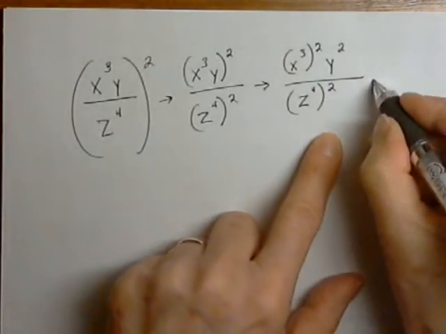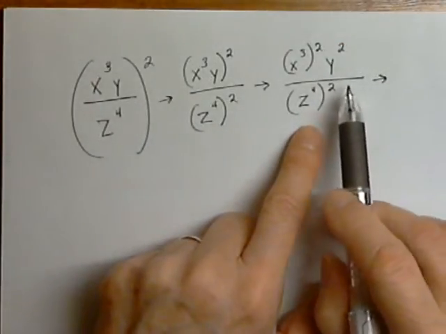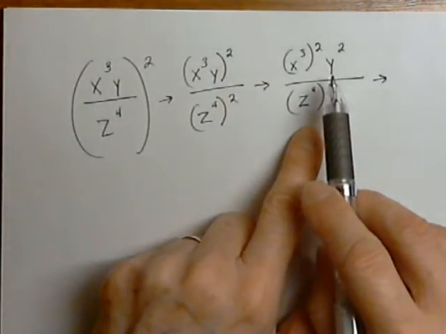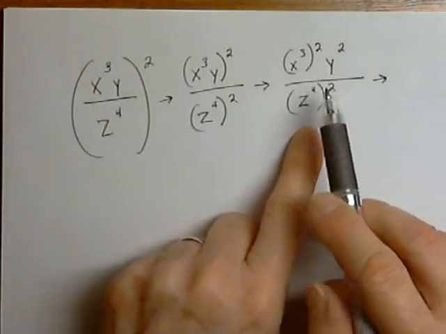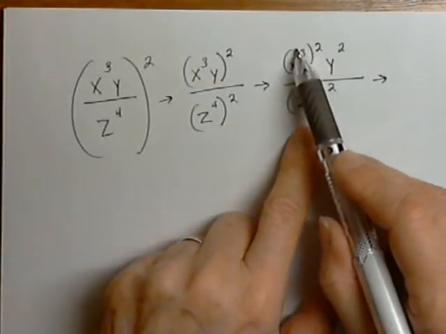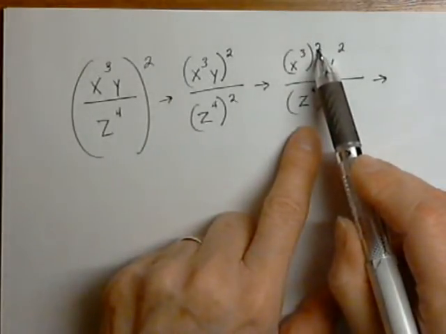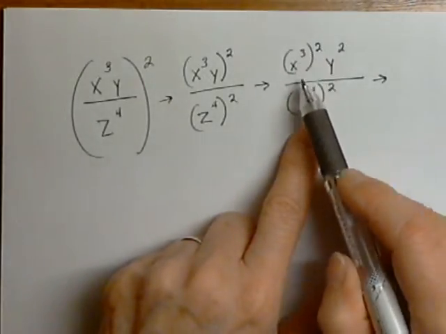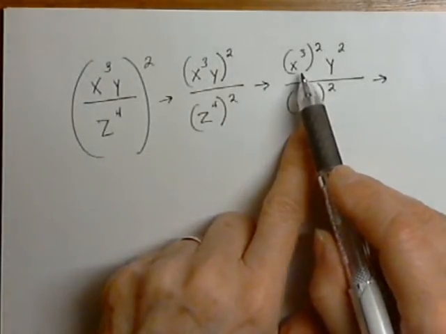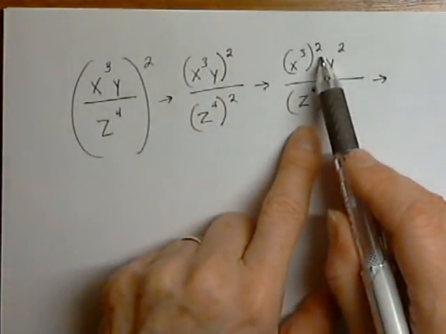Now is when we're going to use the power of a power rule. We have a power and we're raising it to a power. This is what we learned in our last video. We're going to multiply our exponents.